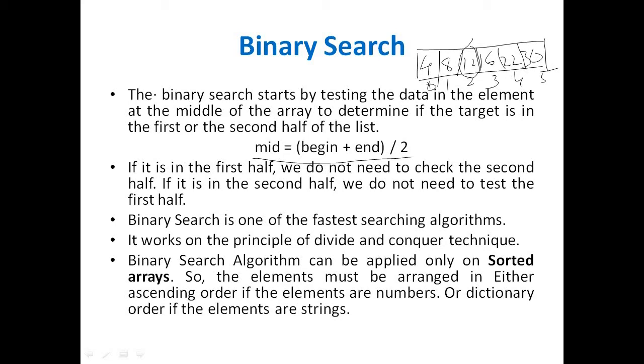If elements are not in sorting order, even if someone asks to apply binary search, first of all you need to sort the elements. Then after you can apply binary search. Otherwise binary search doesn't work for unsorted elements. You should keep in mind that is the important point.